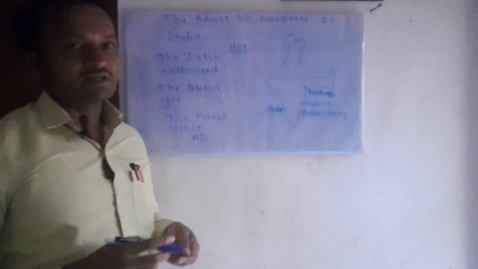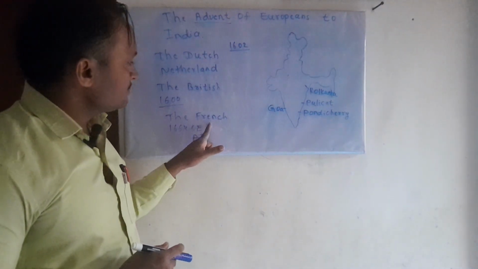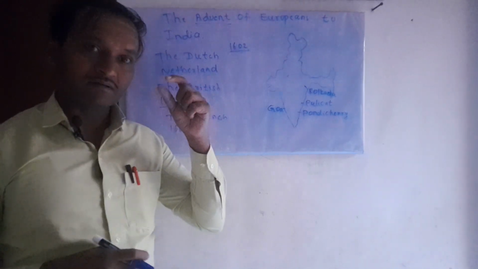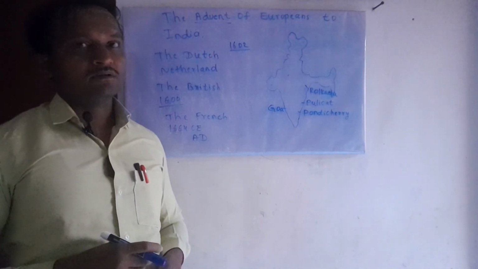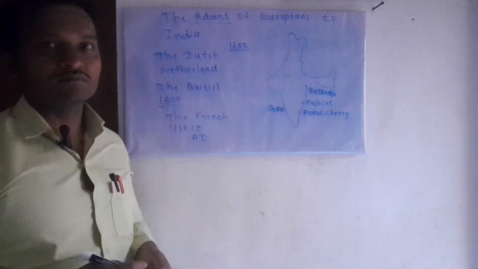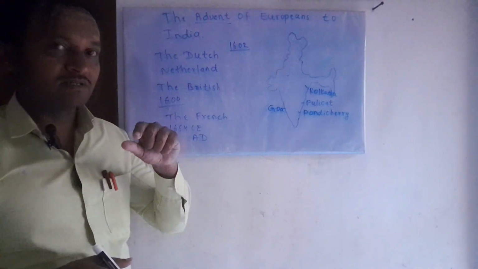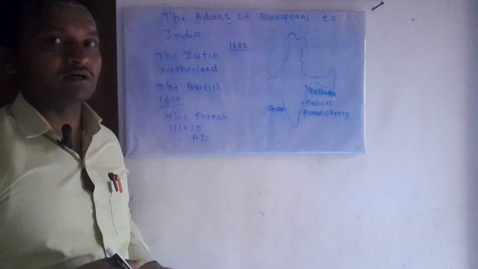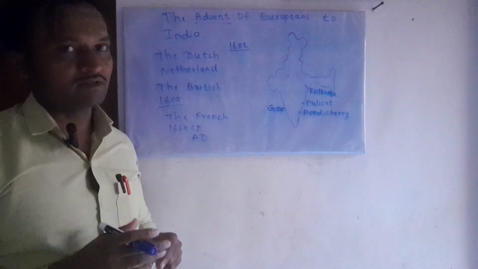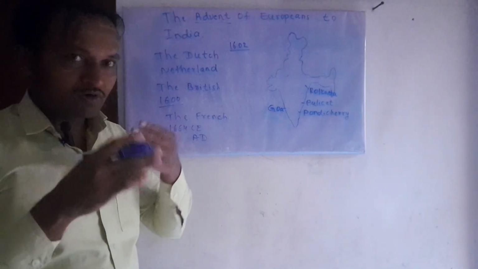There are many reasons for the decline of the French as well. First of all, the French East India Company was under government control. That government didn't support the French in Indian territory, but the British East India Company was under the control of a private body. The British focused on their trade.